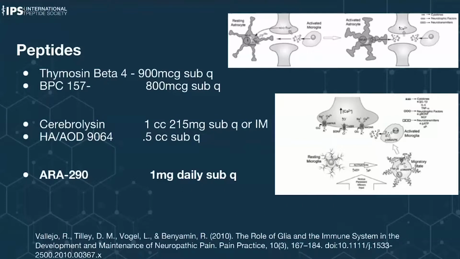Just as an aside, I've used thymosin beta-4 and this BPC in the same dosage where I've had some really significant peripheral nerve or carpal tunnel issues, where people post-surgically have come in with significant secondary hyperesthesias, neuropathic type pain.